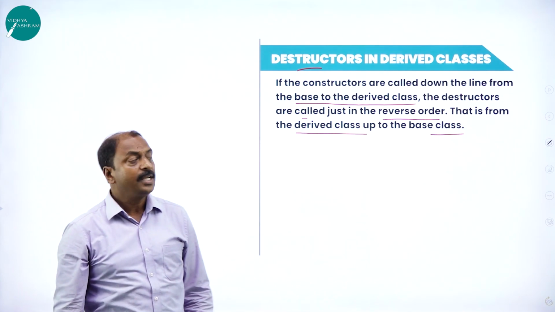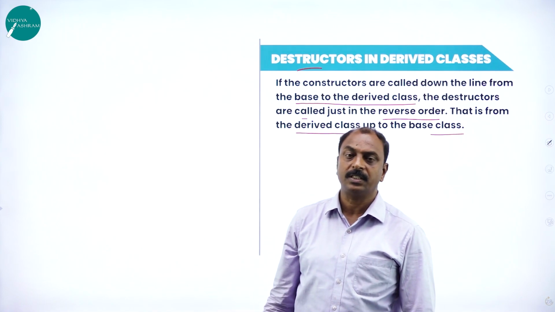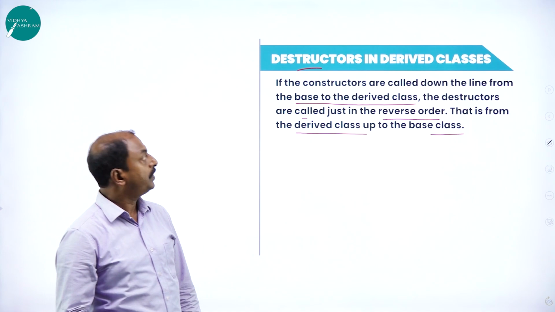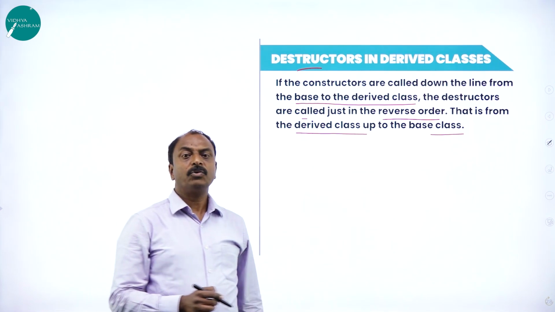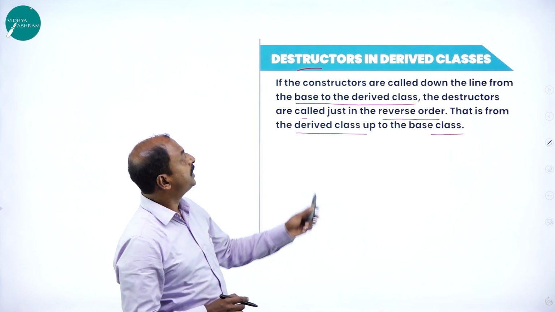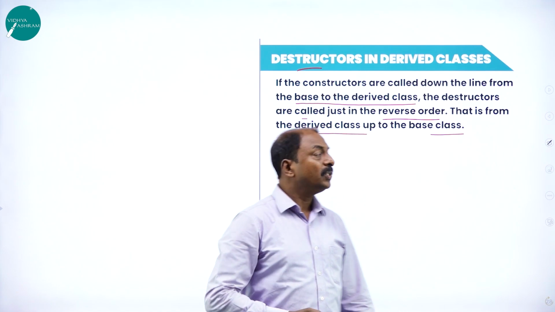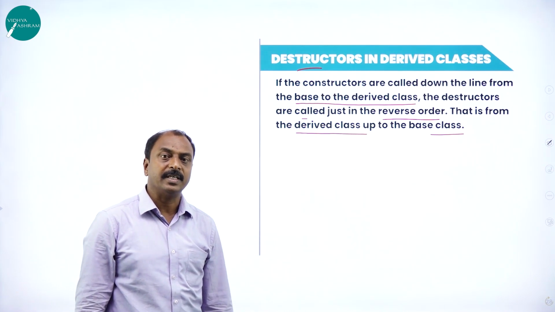So generally when we use constructors, they are called from base class to the derived class. But in the case of destructors, it is in the reverse order. That means the destructors are called from the derived class up to the base class. So this is how we use destructors in derived classes.